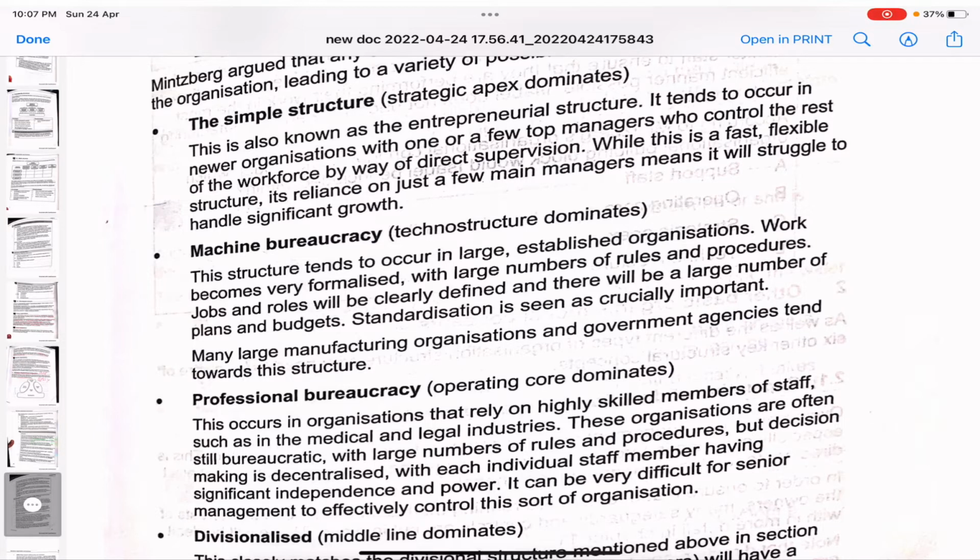Let us read what simple structure is. This is also known as entrepreneurial structure. It tends to occur in newer organizations. First you read it yourself, then I will explain it to you. Read the first three. I'm giving you 2 minutes.